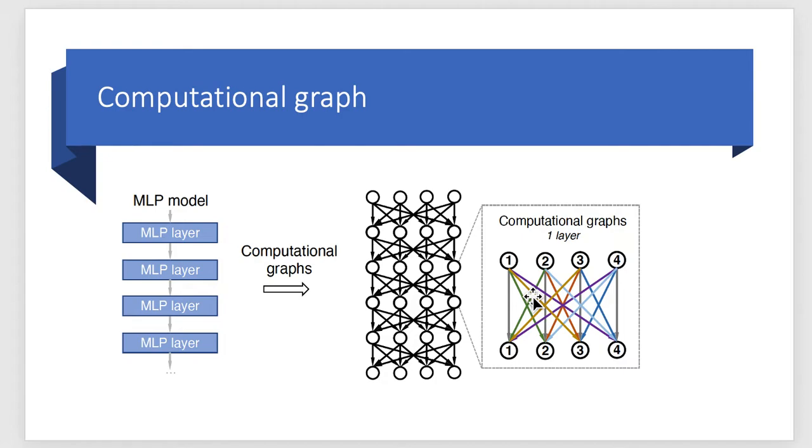Hence, the computational graph is a very intuitive way to represent neural networks. In conclusion, the computational graph is good to represent a neural network, but it is difficult for us to investigate how the structure affects the performance.